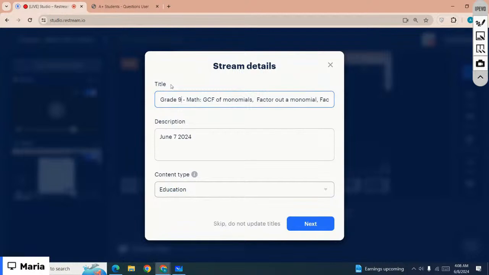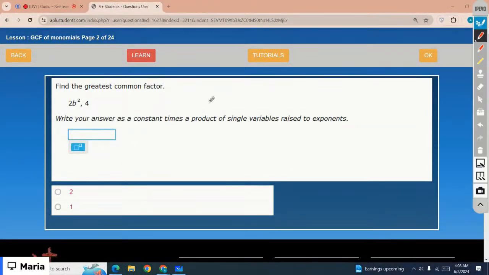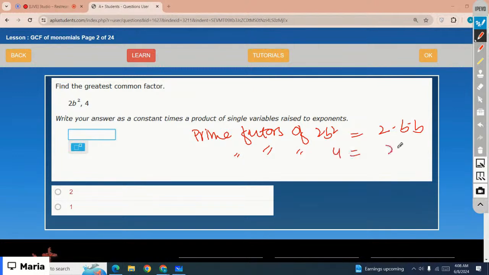The next one is, what is the greatest common factor of 2b square and 4? So let's just do the prime factors of 2b square and 4. So the prime factors of 2b square are 2 times b times b. And then prime factors of 4 are 2 times 2.